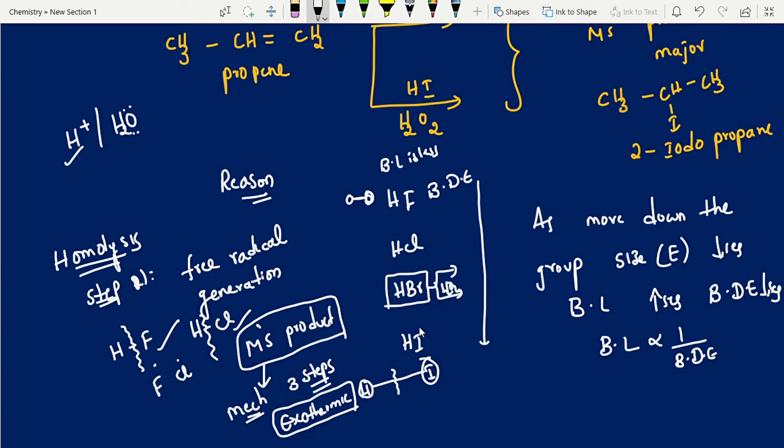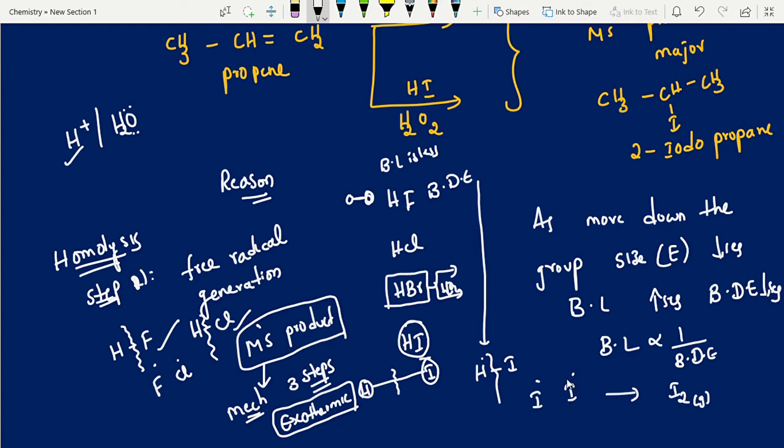But in HI, as we move down the group, the bond length is increasing. Easily it can lose, no doubt. It gives free radicals, but these two free radicals are highly reactive, so it will give iodine gas. We don't want iodine gas, students. Actually, we need the iodine free radical.